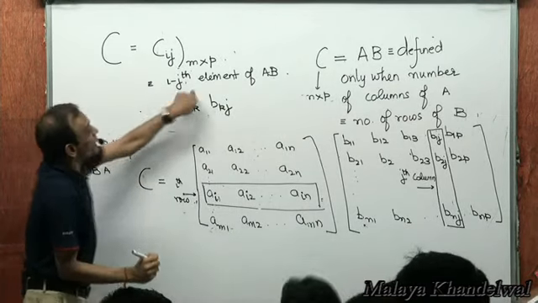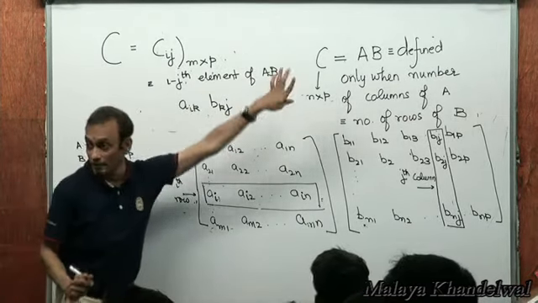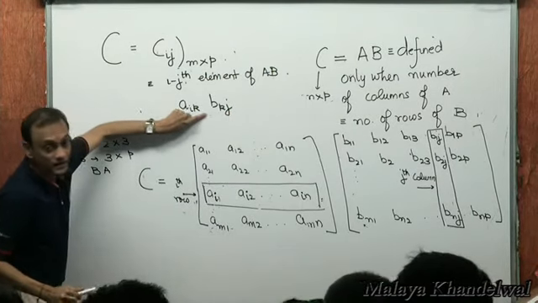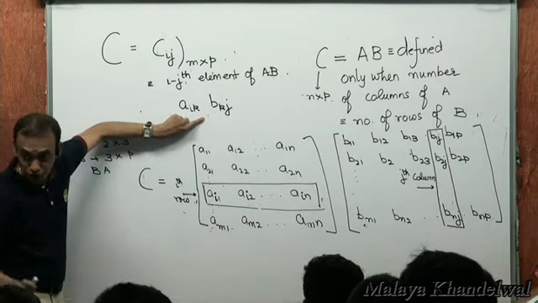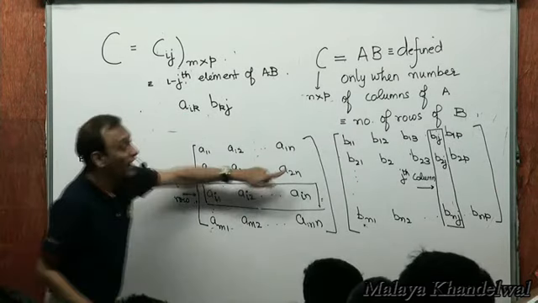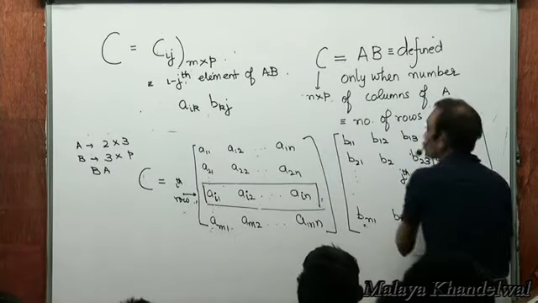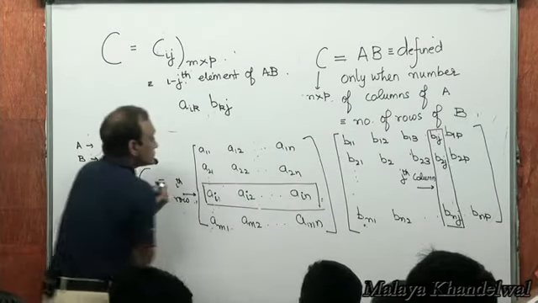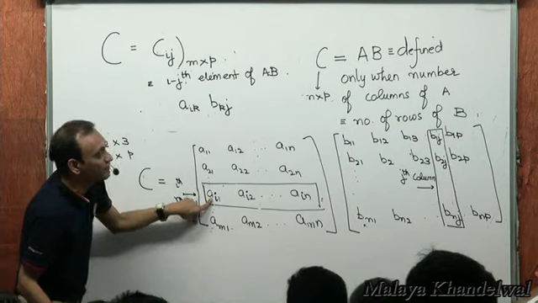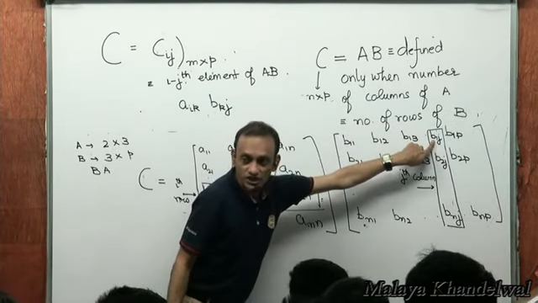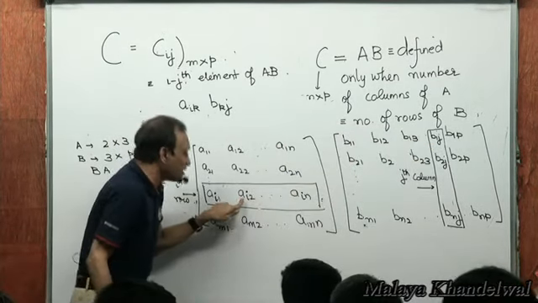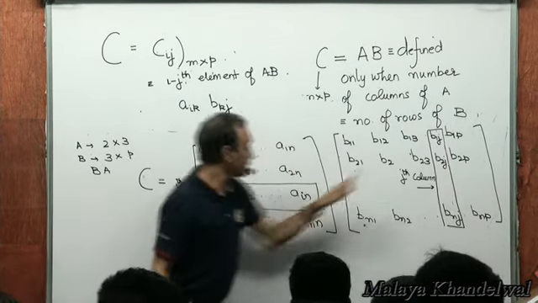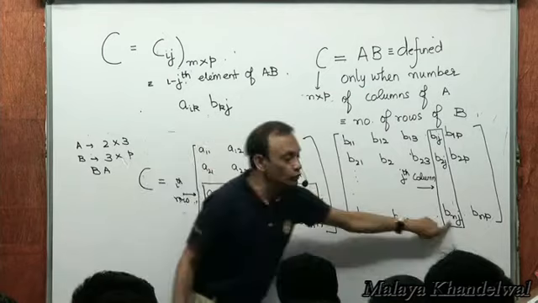To obtain the ijth element of AB, what is it that I do? I take members in the ith row of A and members in the jth column of B. Then I multiply Ai1 with B1j and add to it Ai2 into B2j, up to Ain into Bnj.